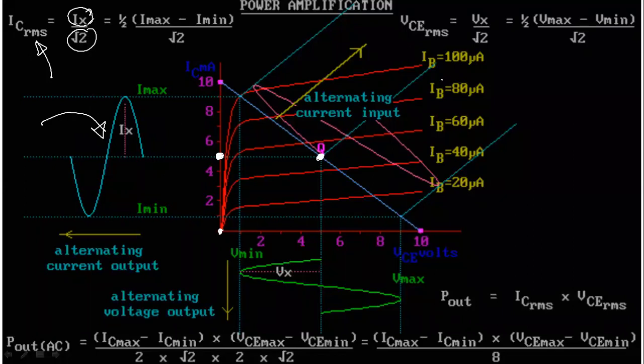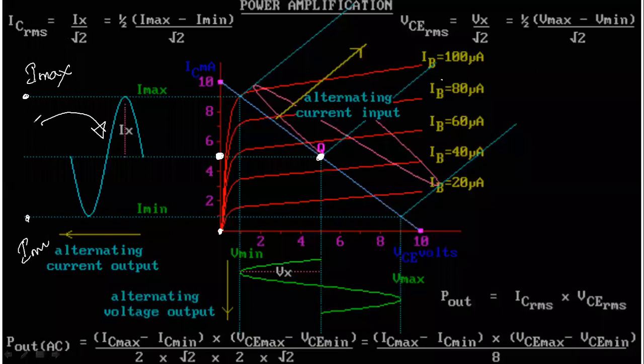Once you divide this Ix by √2, you can derive the equation for the IRMS. Ix you can find using the Imax and Imin values. Assume this one is the Imax value and this one is the Imin value. Then 2 times Ix equals Imax minus Imin.